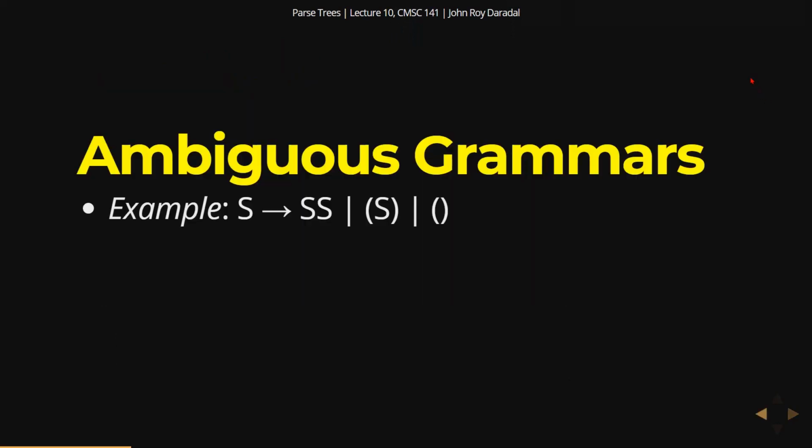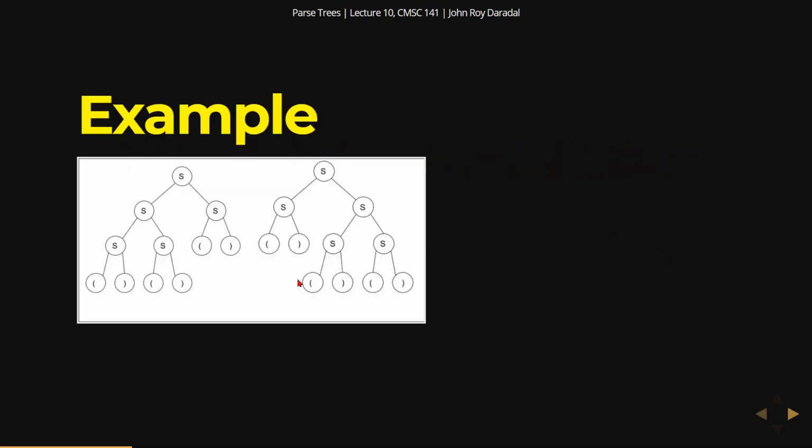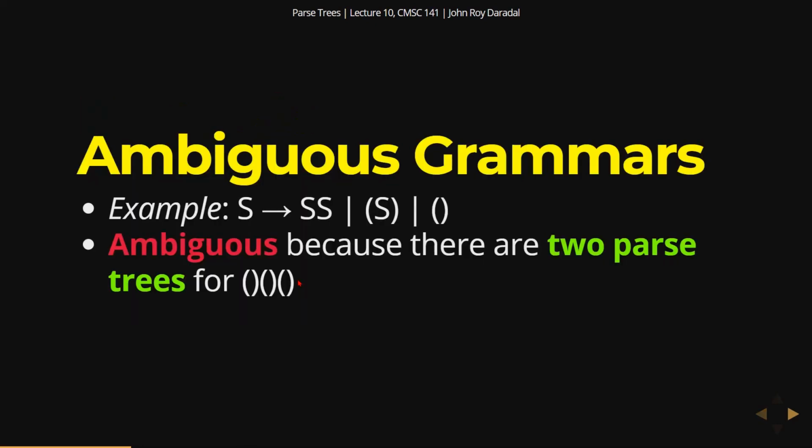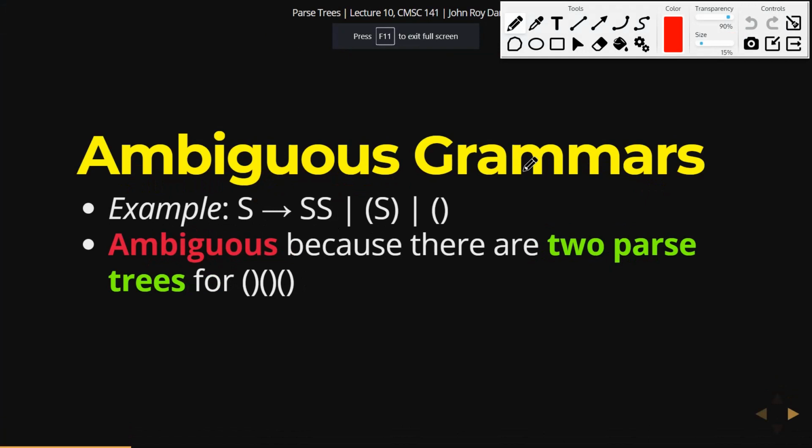Now, in some grammars, they are actually ambiguous. An example of that would be this grammar. This grammar is ambiguous because there are two parse trees for this string. So if we want to yield this string, we could do it two ways, right?